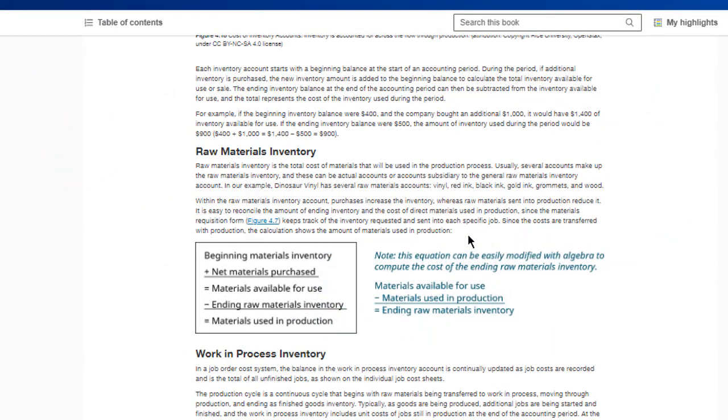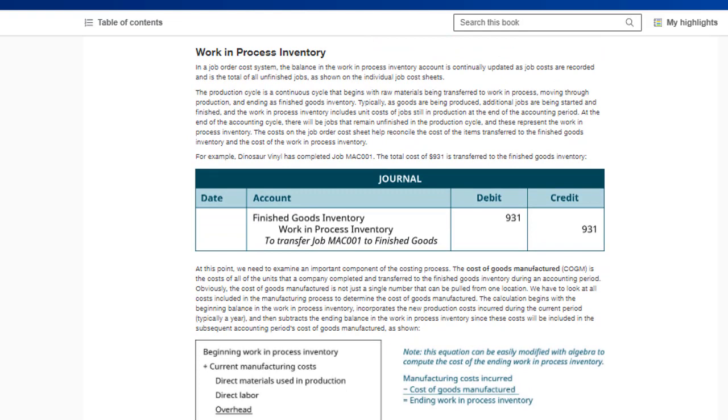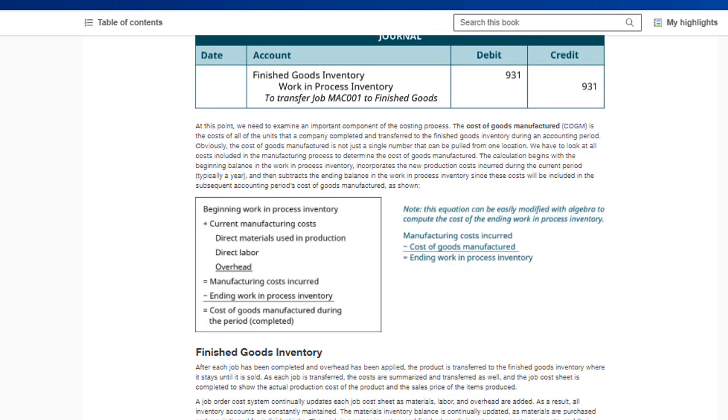Next up, the work in process inventory section. Okay, find that section in your textbook, and then once again, scroll down to the end of that section, and you will find another box with a few lines of formula in it.